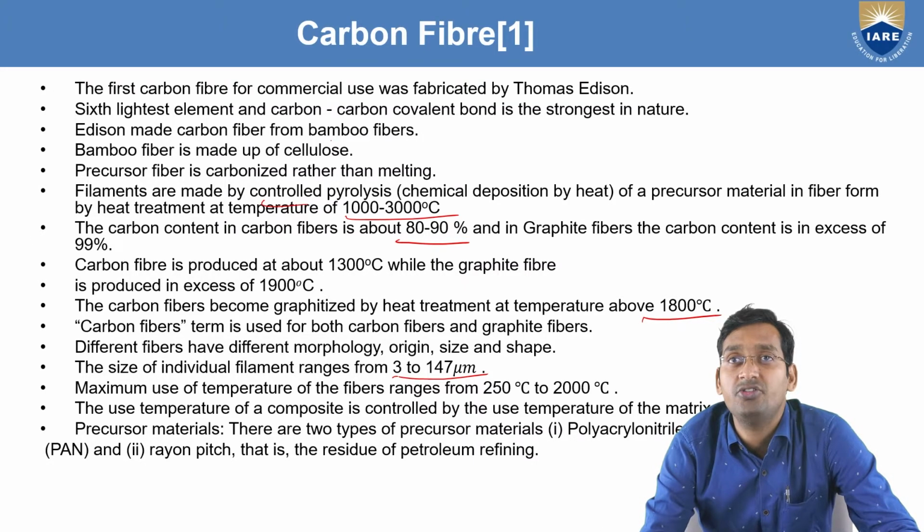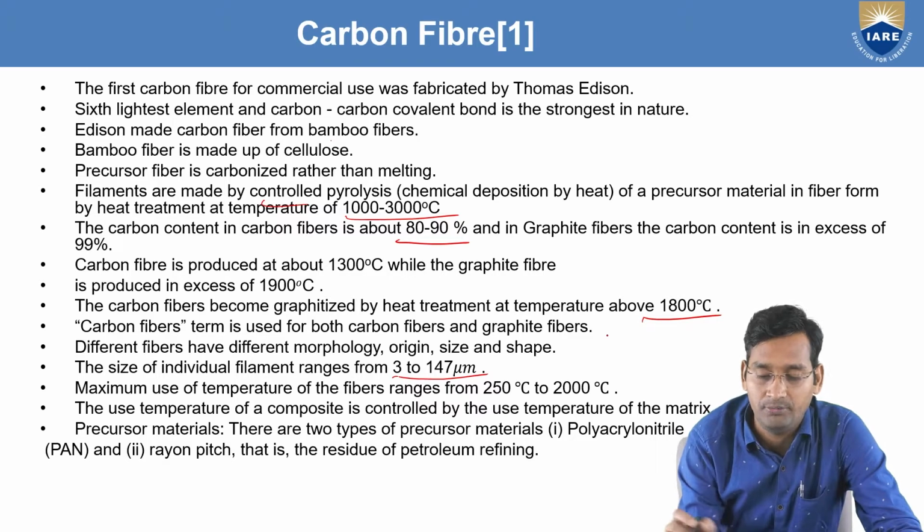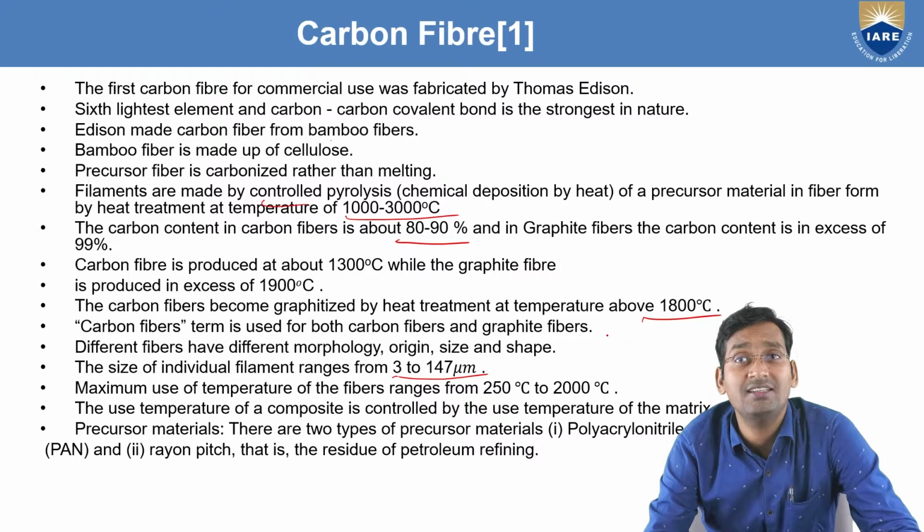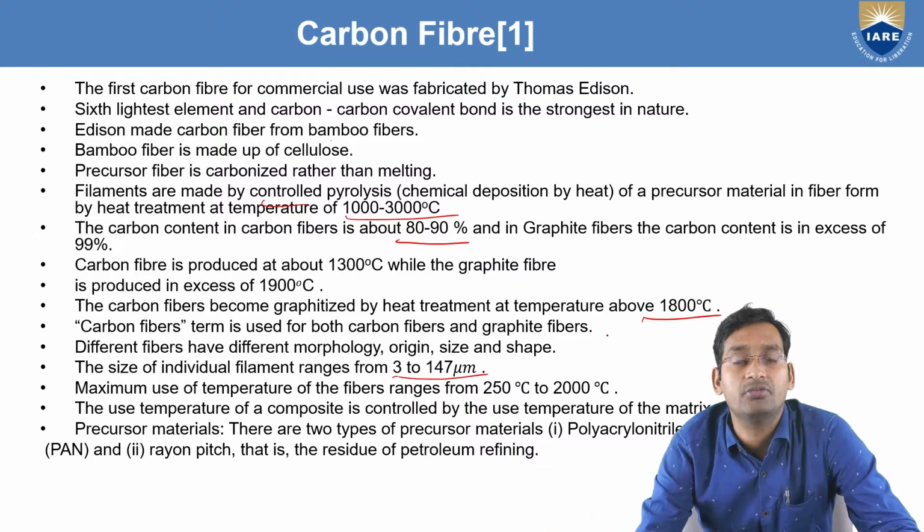The maximum use temperature of the fiber ranges from 250 degrees Celsius to 2000 degrees Celsius. So we can use it from 250 up to 2000 degrees Celsius. That's why we go up to 1900 degrees Celsius to graphitize the carbon, so that we can get the graphite fiber.